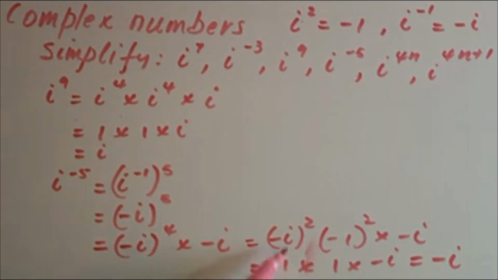And so we get that for this and this term, which multiplies to give us minus I.